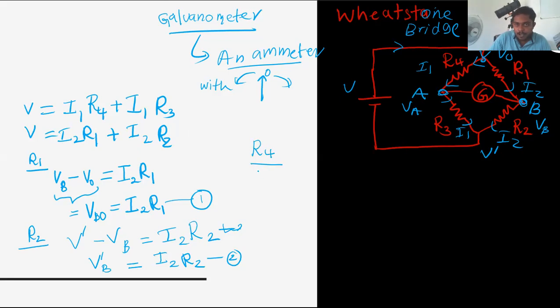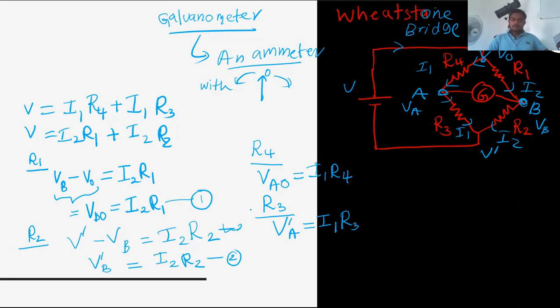For R4 I'm getting VAO as I1 R4, and for R3 I am getting V dash A as I1 R3.